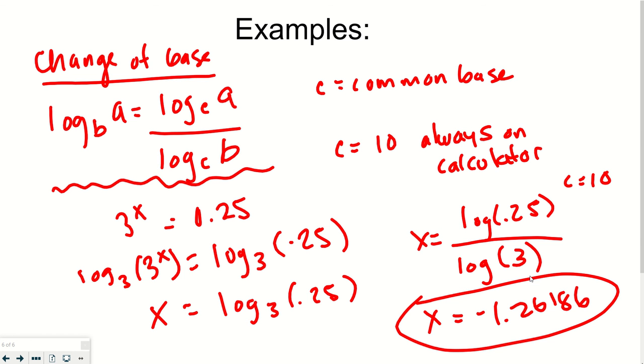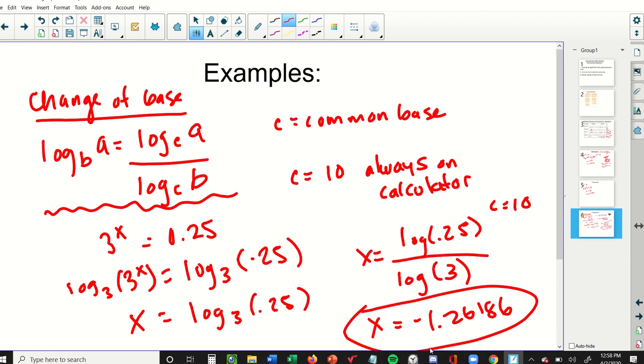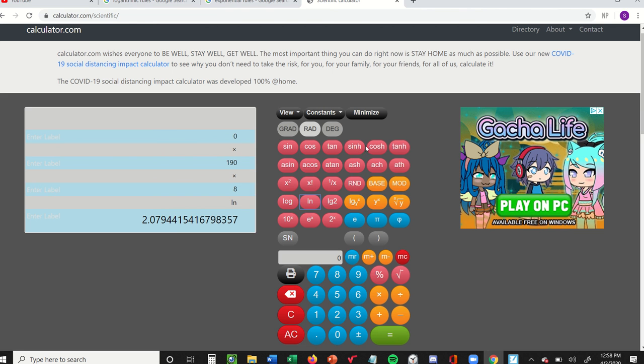But if some of you don't, remember that here on this calculator on this website, you have to type in the number you want first, like 0.25. I want the log of that.